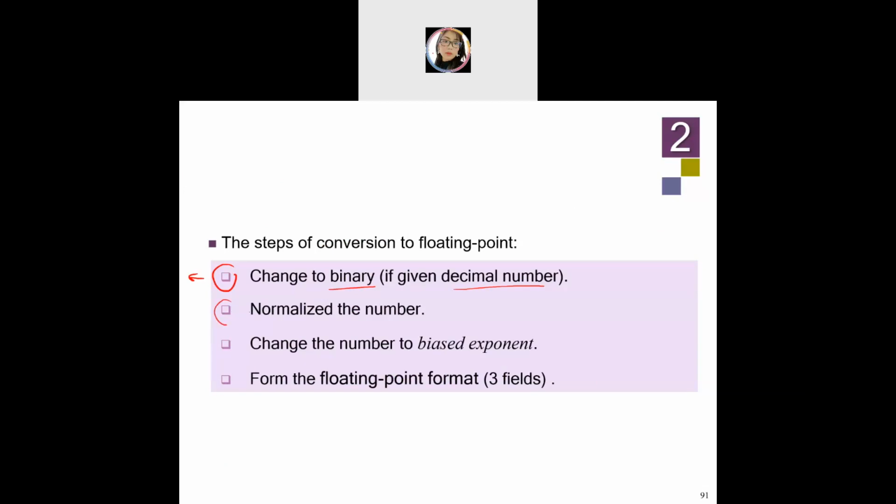Second, we need to normalize the number. Third, we change the number to bias exponent. And lastly, we form it into the format with three fields: sign, then bias exponent, and the significand or fraction or mantissa.